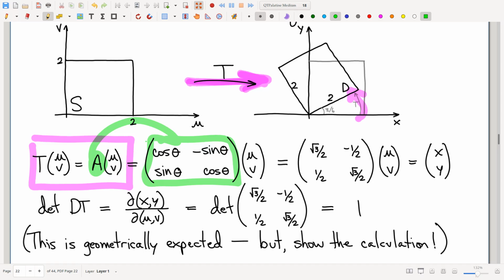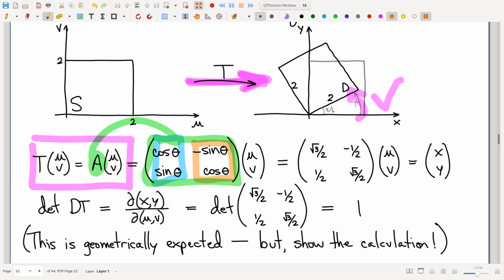You can just apply a pi over 6 counterclockwise rotation to the 2 standard basis vectors, do a little trig, and what you'll find is that E1 turns into that, and E2 turns into that. That's another exercise, make sure you can do that.